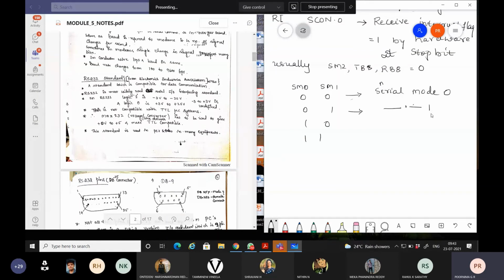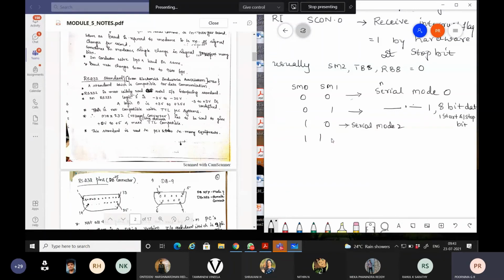In serial mode 1, 8-bit data is transmitted along with one start bit and one stop bit. Then 1, 0 represents serial mode 2.